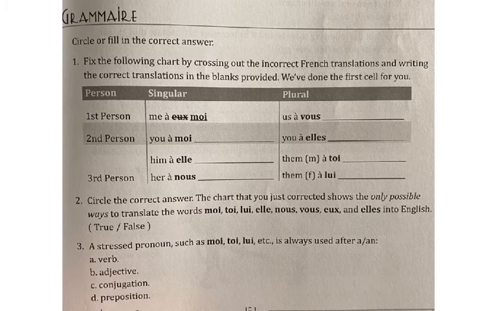You, à moi. Non. We would say toi. That's the stressed. Him, à elle. Non. Him changes to lui, right? In French. Her, à nous. Non, c'est bizarre. Her just stays elle en français. Us, à vous.